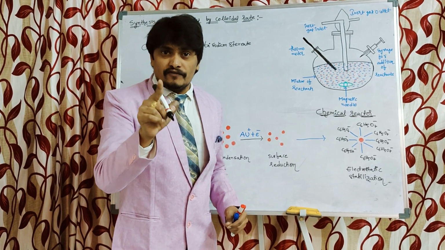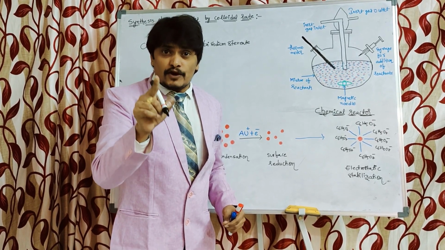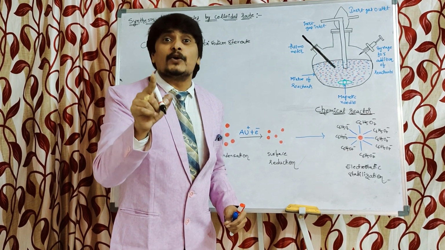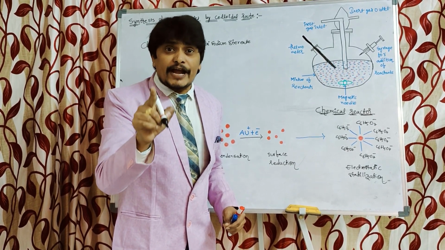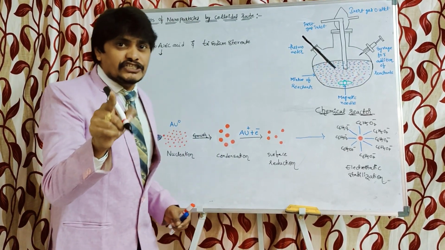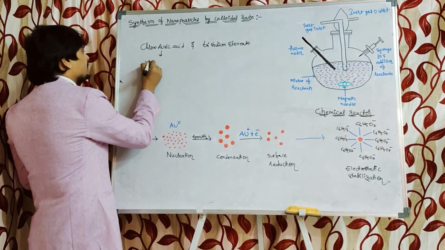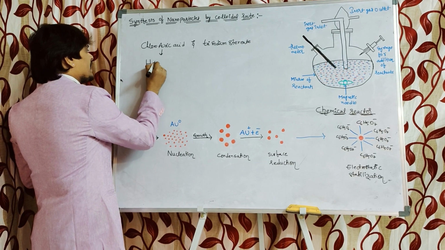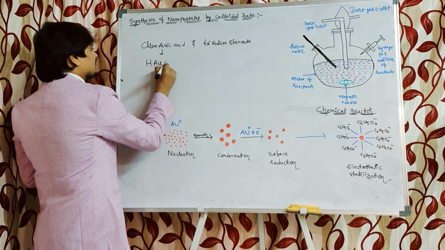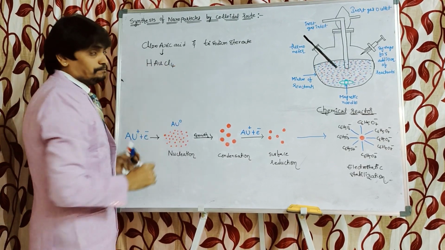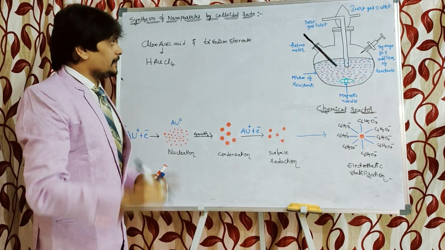So chlorine will be a part of it, Au will be a part of it, and hydrogen will be a part of it. Accordingly, the formula of chloroauric acid is HAuCl4. Why? Already I have explained.